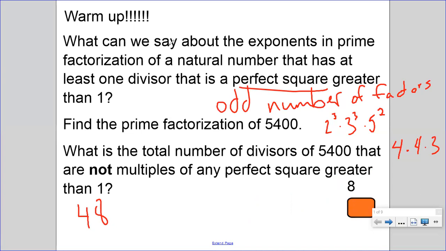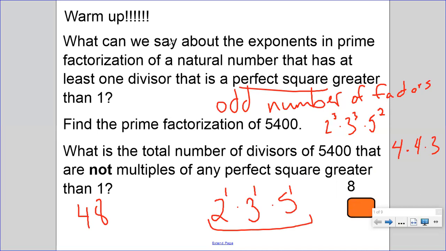So as Ananya said, the highest power we could have and have it not be a perfect square would be to the first power. This number is not divisible by any perfect square. And anything smaller than this number, which is 30, would also not have any divisors that were a perfect square other than 1, right?